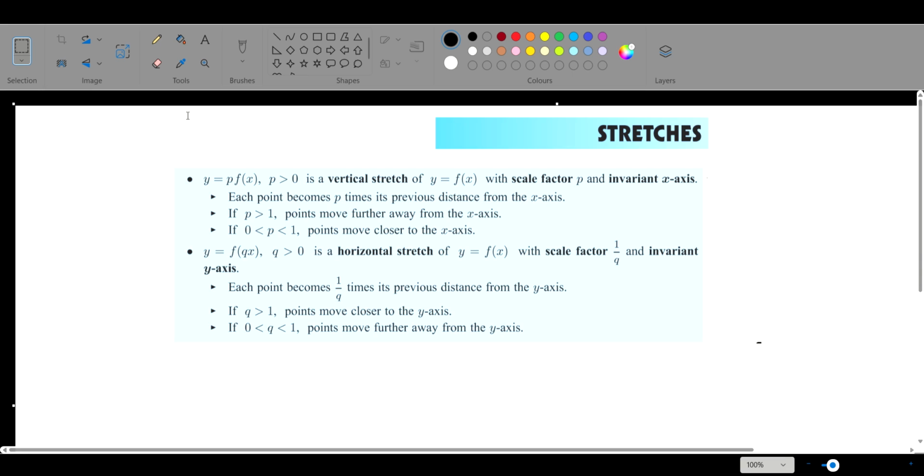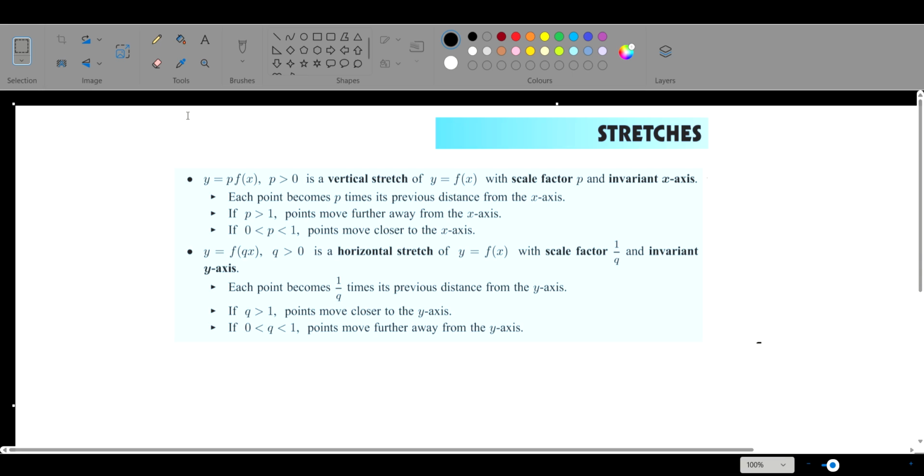It is shrinking towards the y-axis. If I give a big number, for example 20x square, you can see the black line. Now it's shrunk so much towards the y-axis. So that's what the vertical stretch is.